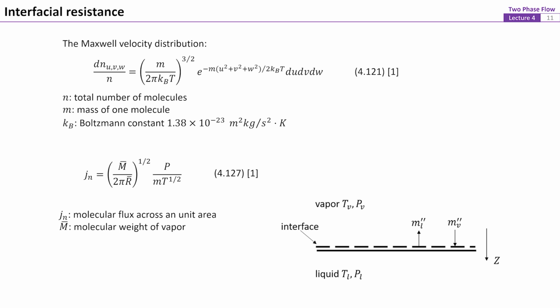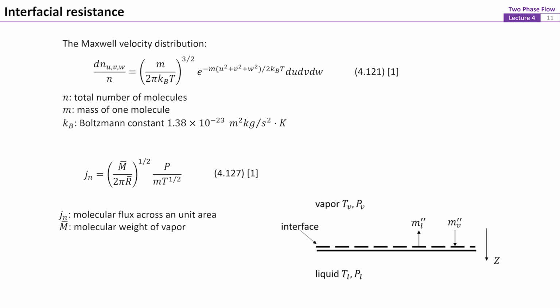In this equation, N is the total number of molecules in the system under consideration. m is the mass of one molecule, Kb is the Boltzmann constant, and T is the temperature. The left side of the equation is the fraction of the total number of molecules n with velocities in the ranges u to u plus du, v to v plus dv, and w to w plus dw, respectively.